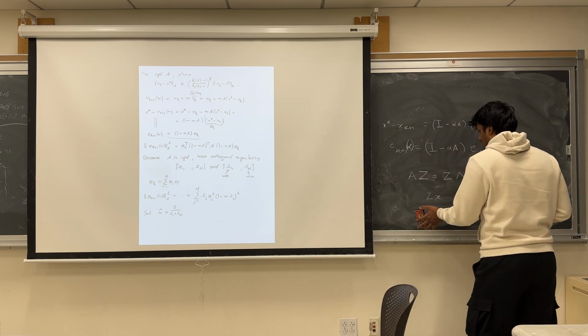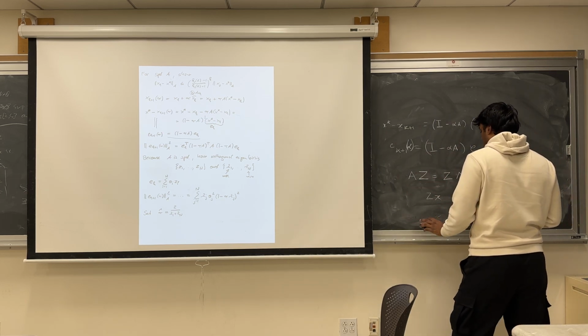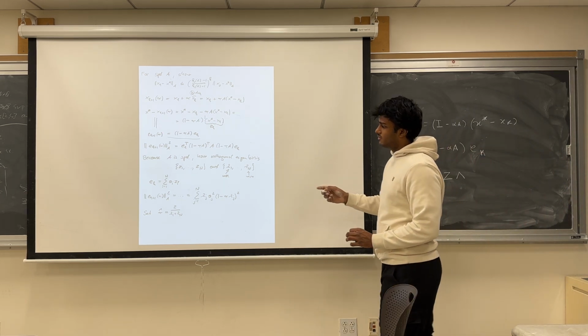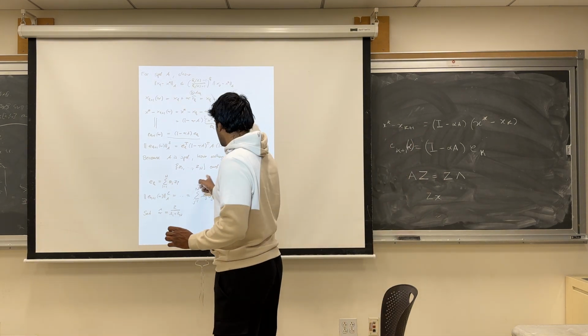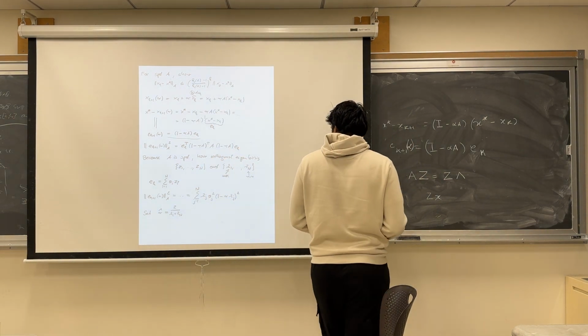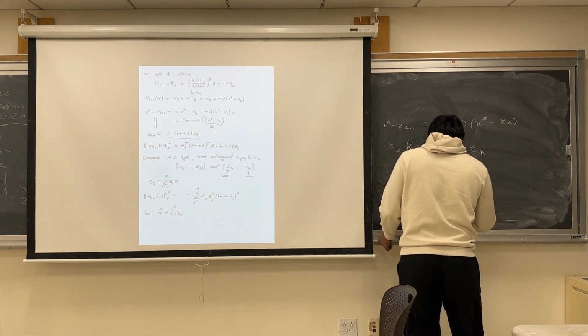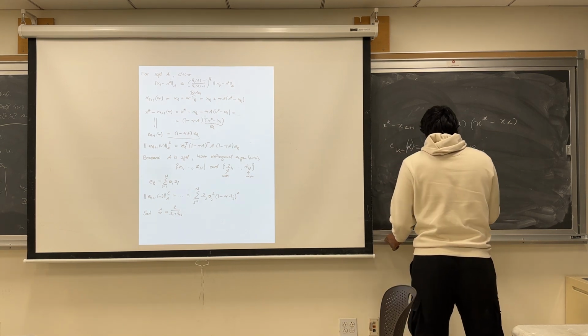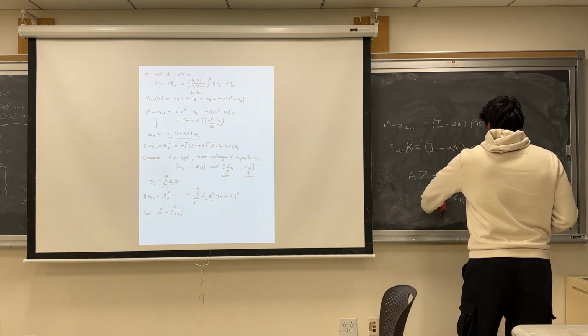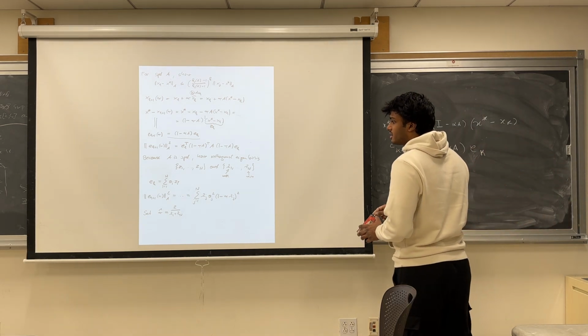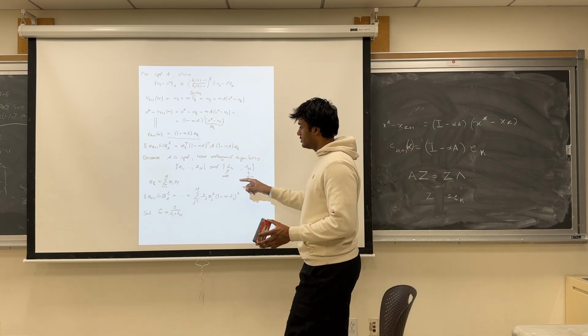AZ is Z lambda, and I am not comfortable because I am not understanding this notation very clearly. I am going to develop my own. Z is the eigenvector, and I want to write these coefficients.